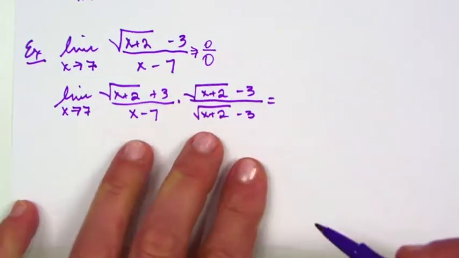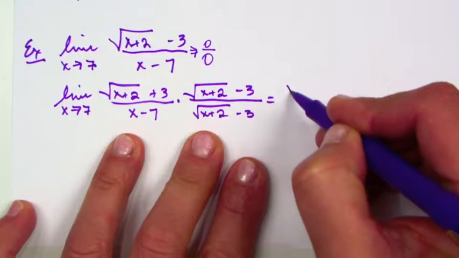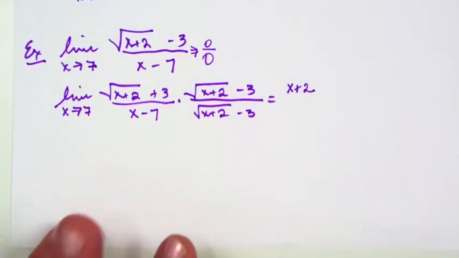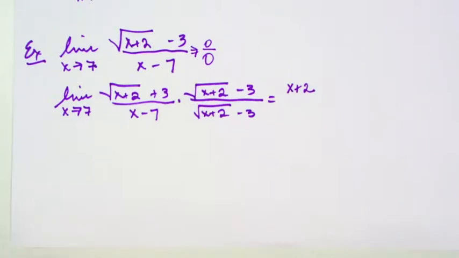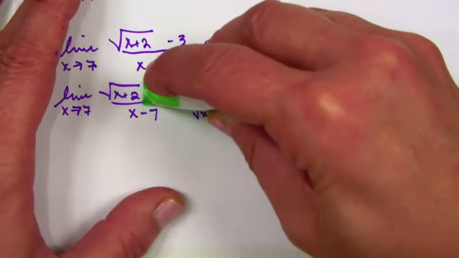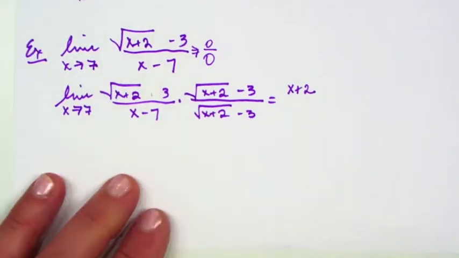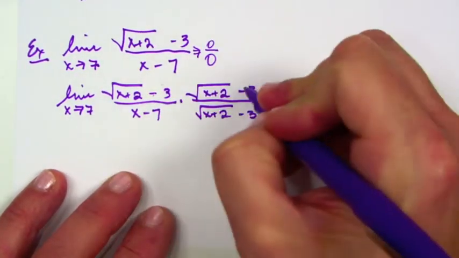Because now in the numerator, what do you get? First one's minus 3, then you change it to plus. It should be minus 3. My bad, I see what you're saying. When I rewrote it, I wrote it with a plus already. So that's minus, so these are plus, right?